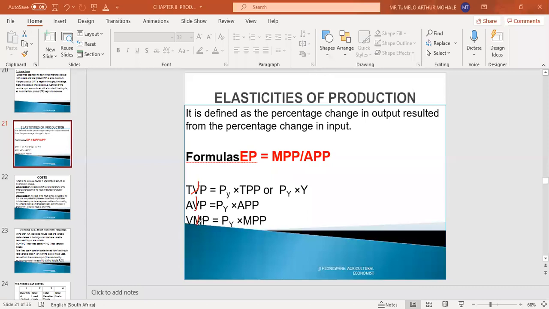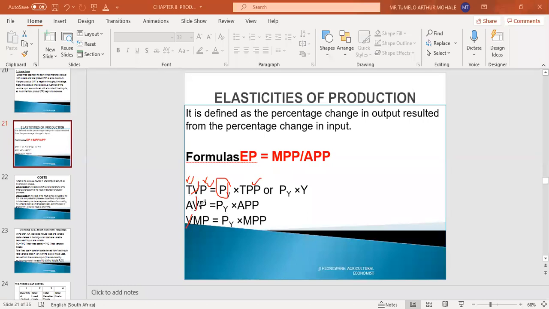You cancel V, right? And then you remain with total product. Do you agree? Yes. So it means that TVP will be calculated by taking the price of Y, we multiply by the total product, which is the TPP.